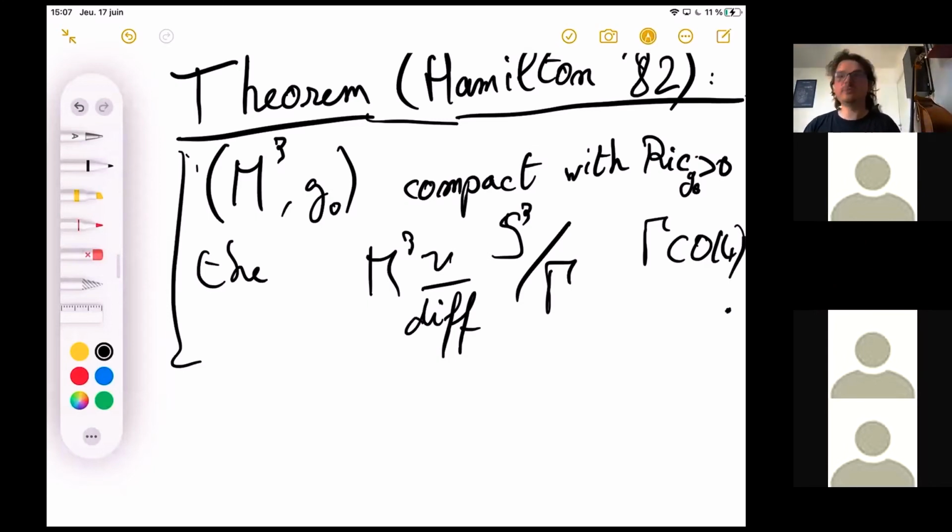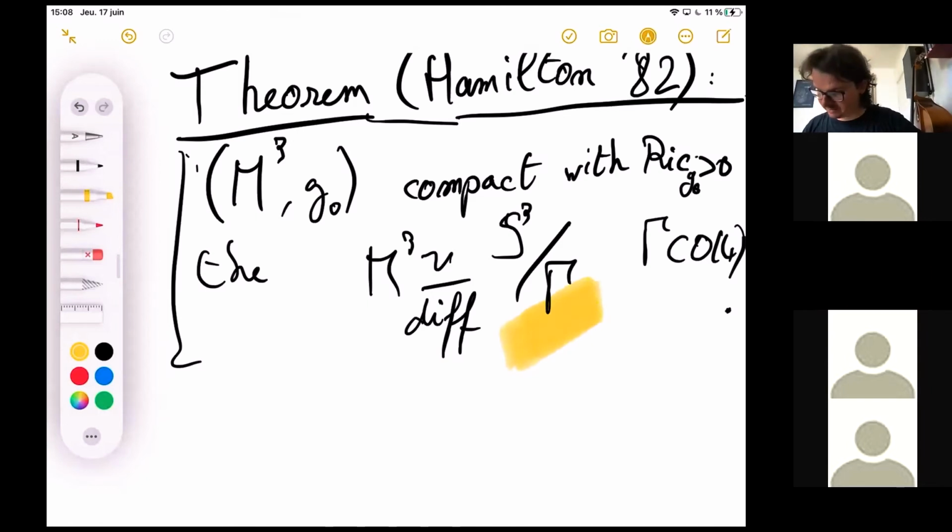So the remark on the fundamental group is that if you assume in that theorem that M3 is compact and simply connected with positive Ricci curvature, then the conclusion holds, but you know that the manifold on the right will be simply connected.